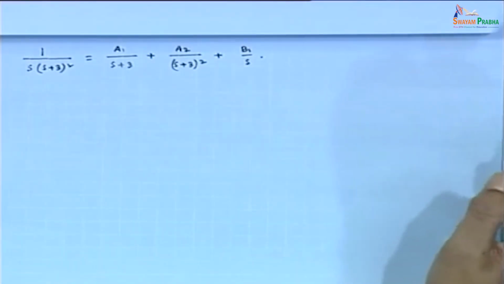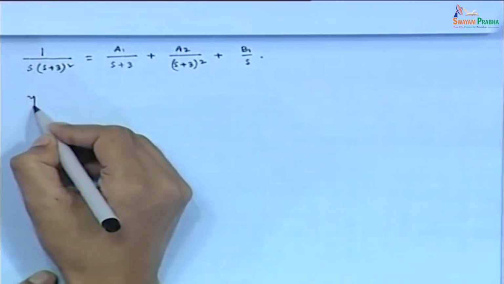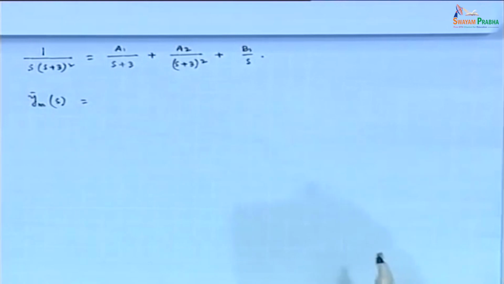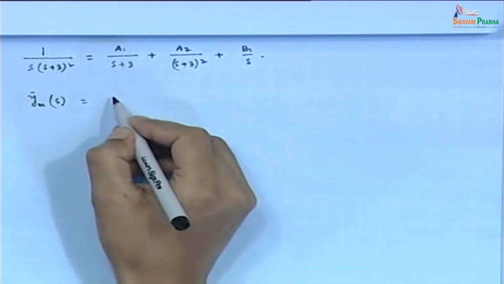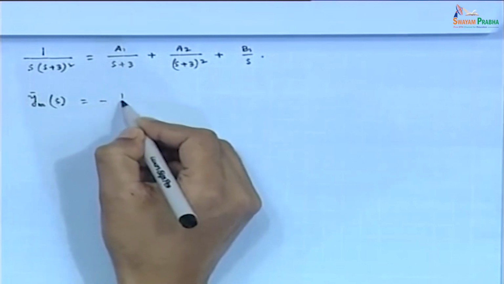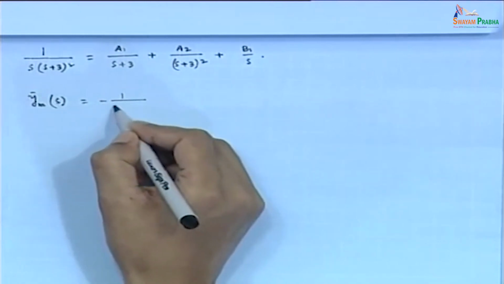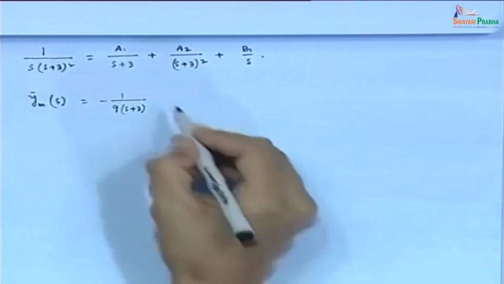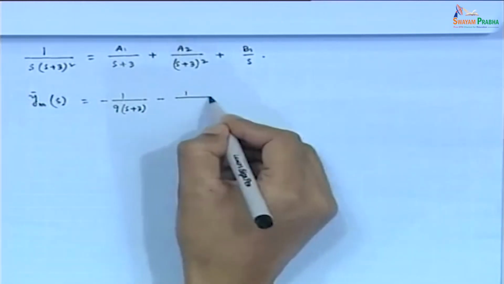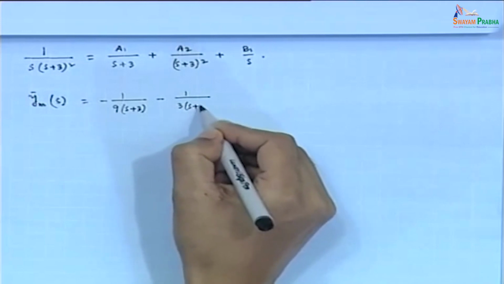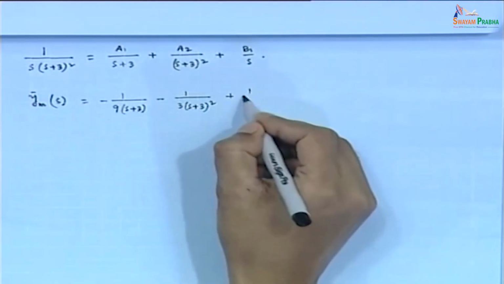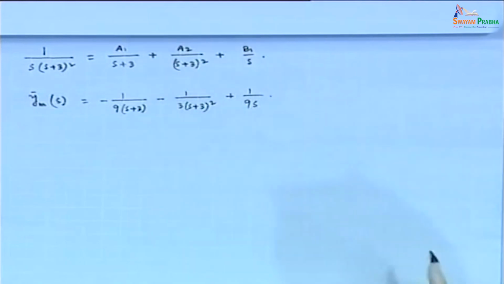Finally, we will get Ym bar s equals minus 1 divided by 9(s plus 3) minus 1 divided by 3(s plus 3) whole square plus 1 divided by 9s.